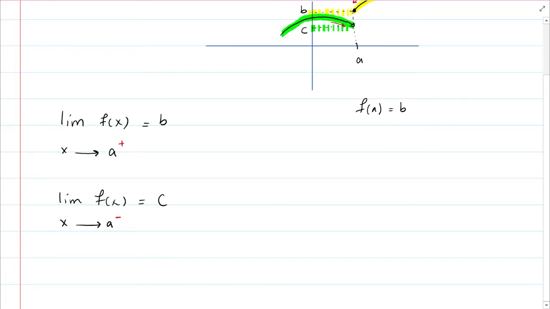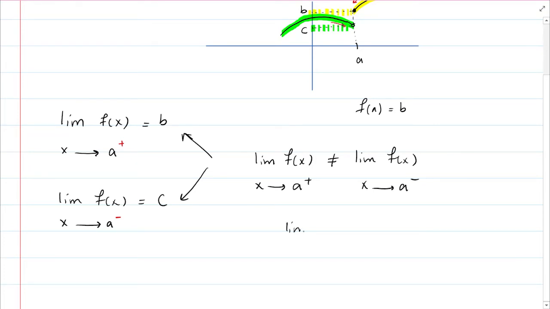When the lateral limits are different, so as you see, this number and this number are different, we say the limit of f of x as x approaches A from the right side is different than the limit of f of x as x approaches A from the left side. And as a result, the limit of f of x as x approaches A does not exist, simply because the lateral limits are different. This is the general idea of the limit using the graph.